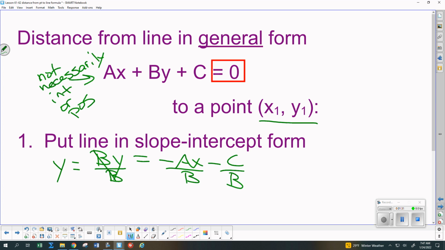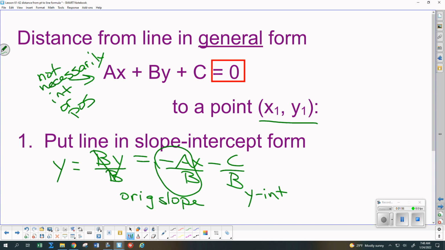And we have y equals minus ax over b minus c over b. That means the slope of the original line is minus a over b, and the y-intercept of the original line is minus c over b.